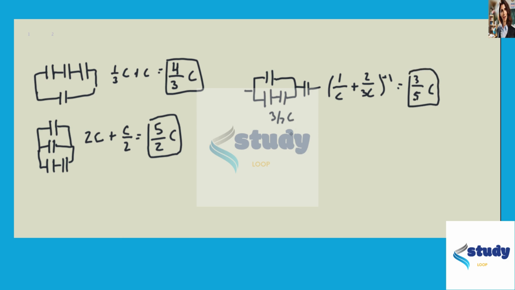And our final one is we can have 2 in parallel in series with 1, and then that is all in parallel with the remaining one.